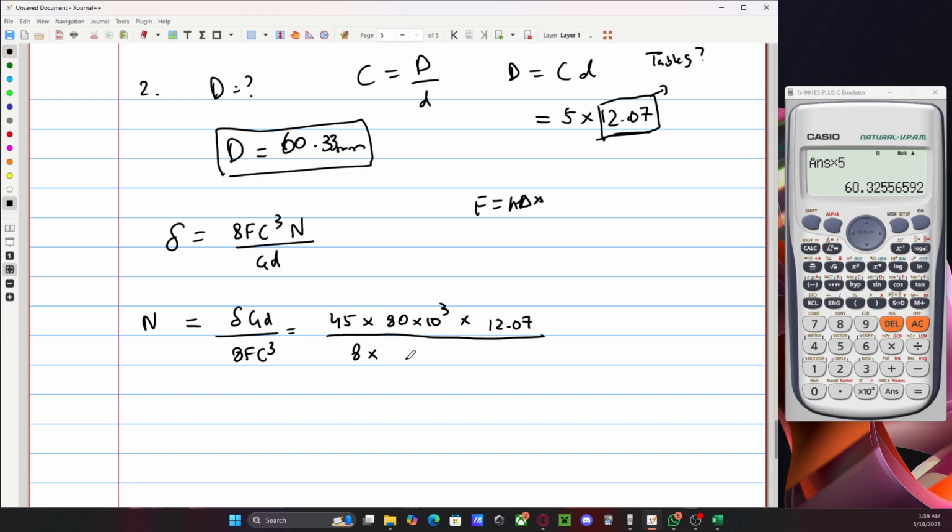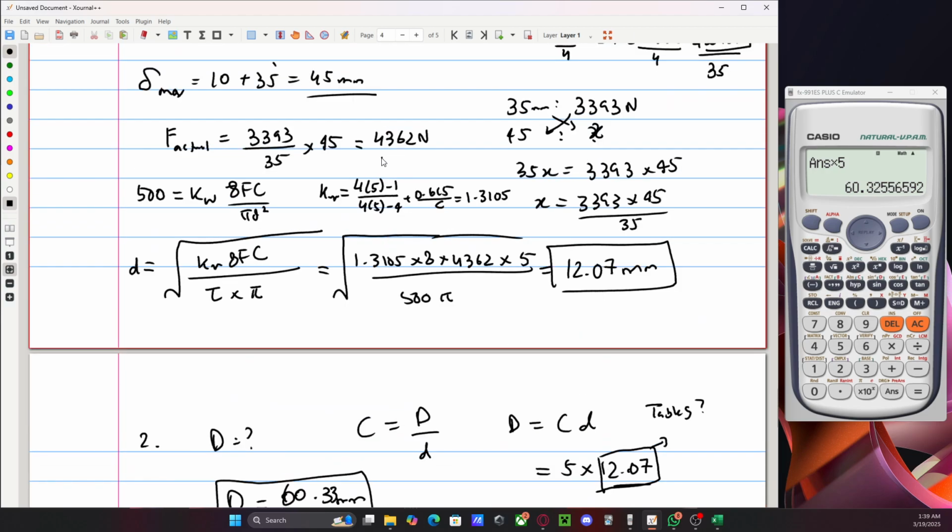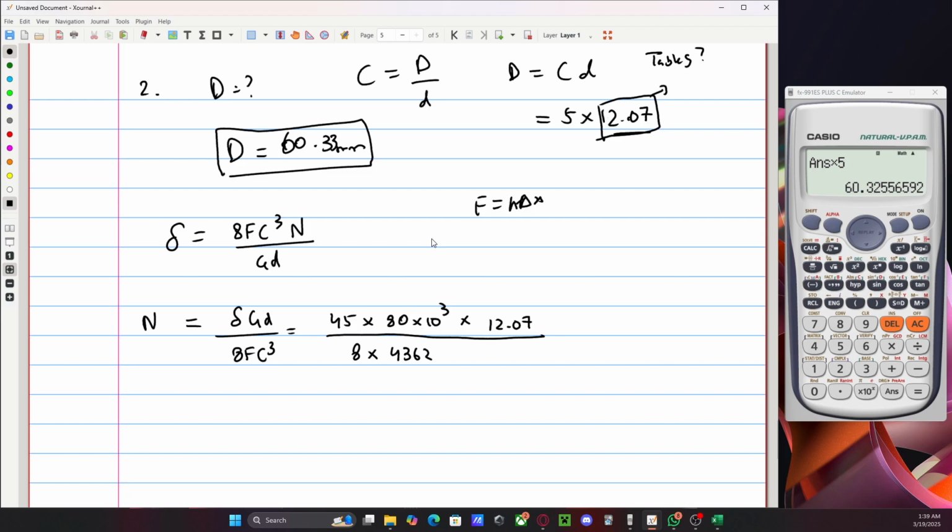Our force we know is 4,362 newtons, which we did over here. We times by C, which is 5, and cube it. So before we do anything, let's divide this by 5. We have this answer, so let's shift store it at B. I want this answer as well, so let's shift store this at A. Now I have both my values.